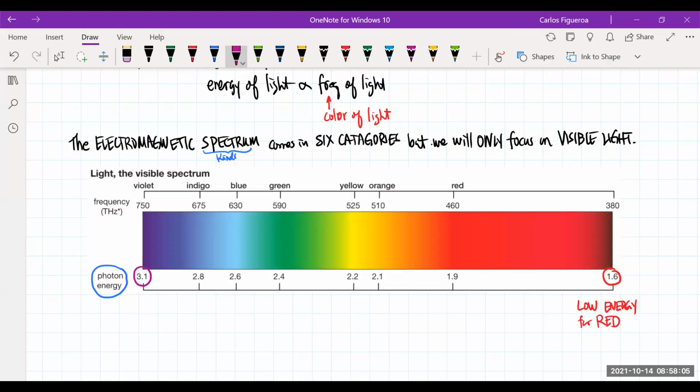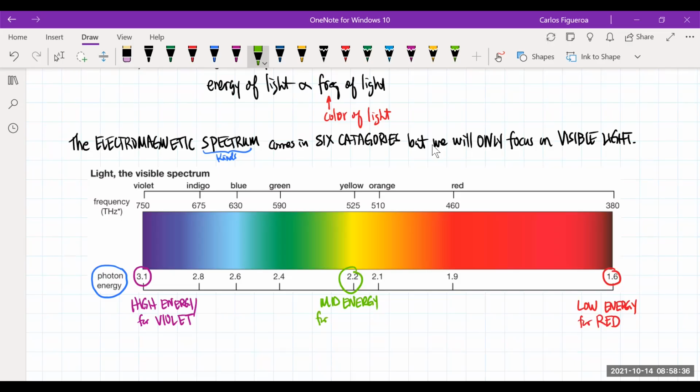Violet, on the other hand, is the high energy of the spectrum. Right? We can see that. And somewhere in the middle, right around here, is sort of like the mid energy region.